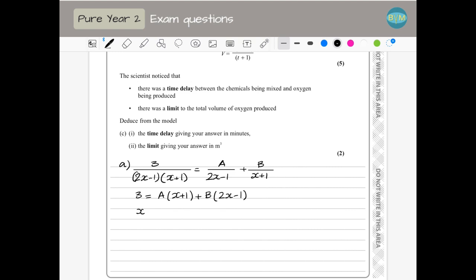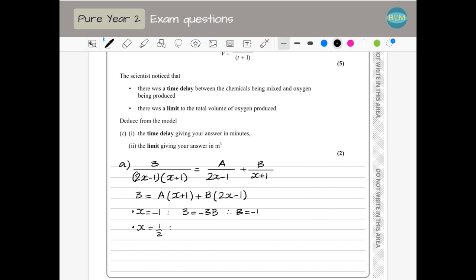So I substitute x by minus 1, and the left hand side is 3, and the right hand side is 0 for this term, and this one is 2 times minus 1 minus 1, so minus 3B. And then B is minus 1. If I substitute x by 1/2, I make this bracket 0.